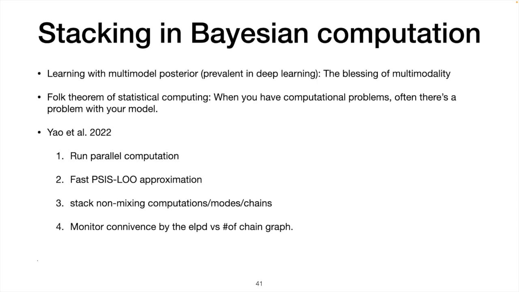And then you run stacking to compute the optimal weights of the modes. It's not the weight of the model, it's the weight of the modes. And then you combine these modes. So that becomes a practical solution to multimodal sampling. You don't need to do anything else, just run an ensemble of the modes.